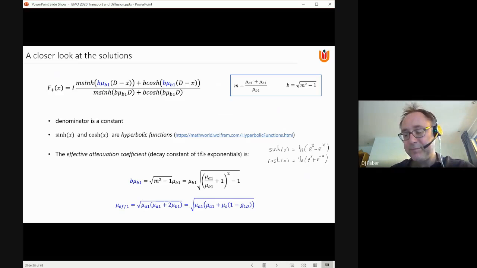The main point here is, again, that it only depends on the optical properties. It depends on the absorption coefficient, clearly, and on the product of mu s and 1 minus g. So the exact values of mu s and g do not go into these formulas; it is the product of these two that does.